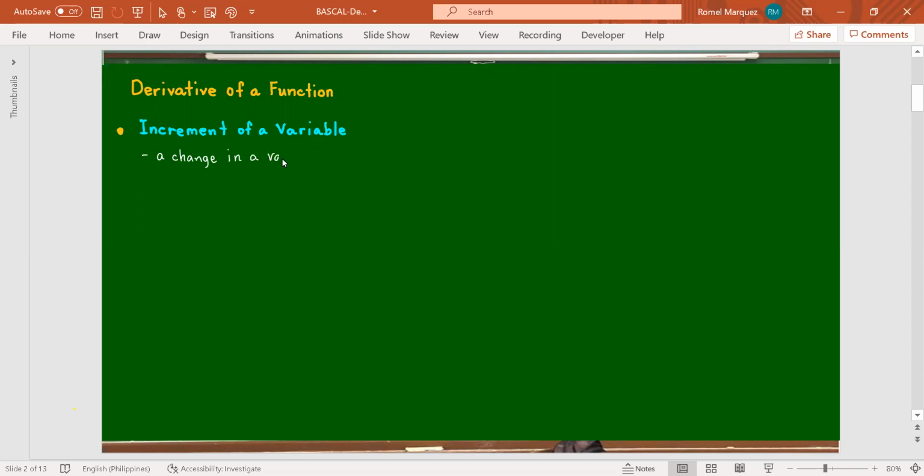What do we mean exactly by change in a variable mathematically? It means only difference, can be negative, can be positive. Precisely, it is the difference between the final value and the initial value of the variable.